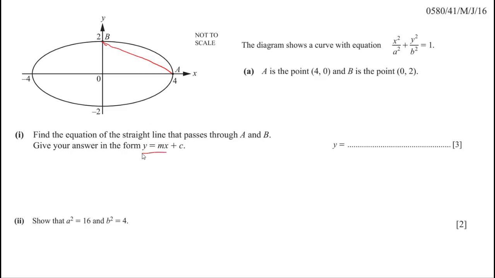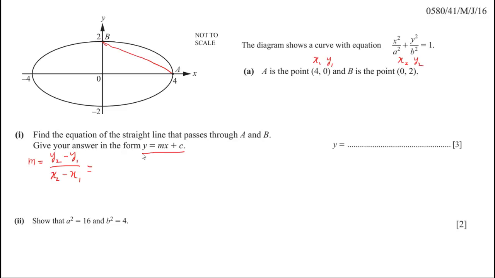Now we have to find the equation of this straight line which joins A and B in the shape of y is equal to mx plus c. So first we will find m. m is y2 minus y1 over x2 minus x1. So here this is x1, y1, x2, y2.